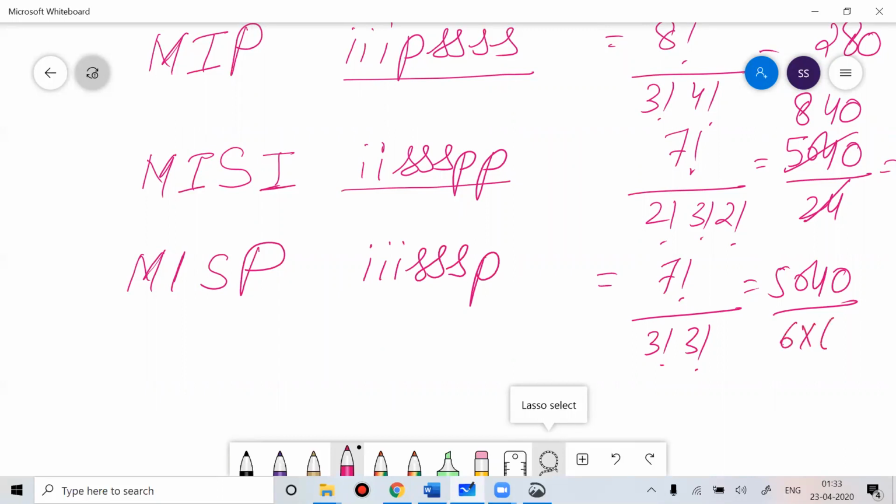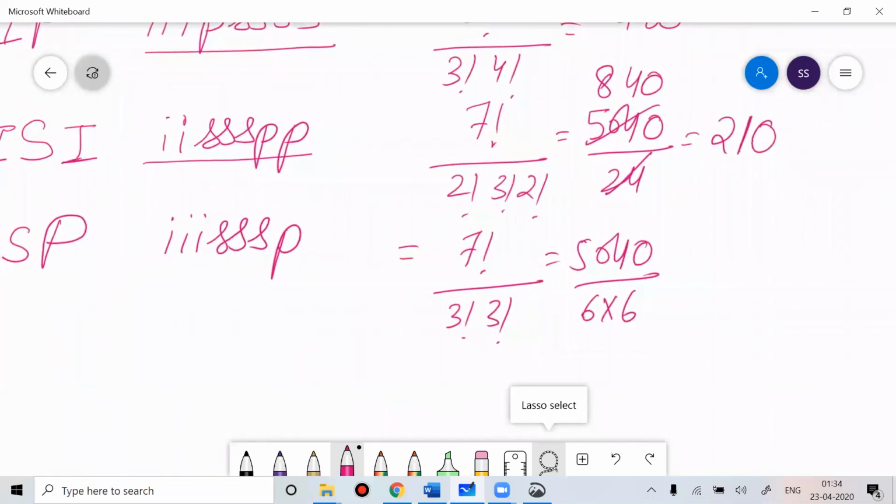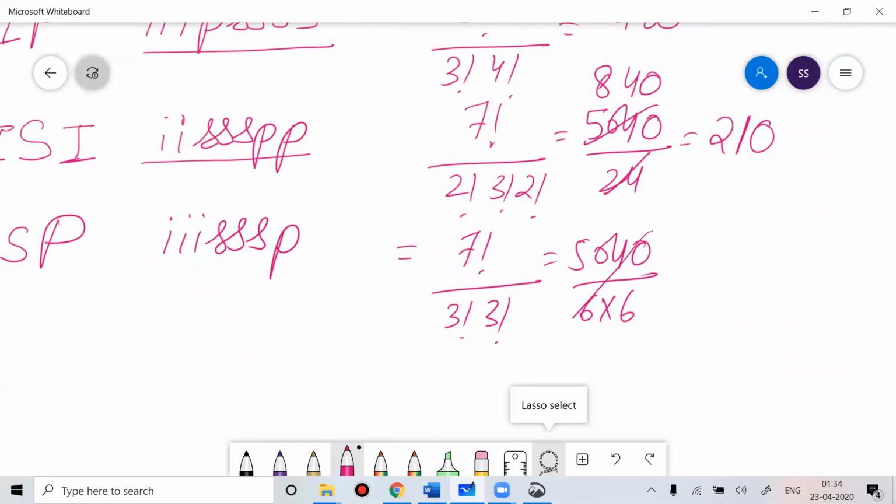If you divide by 6, you get 840, then 140. So 5040 divided by 36, you get 140.